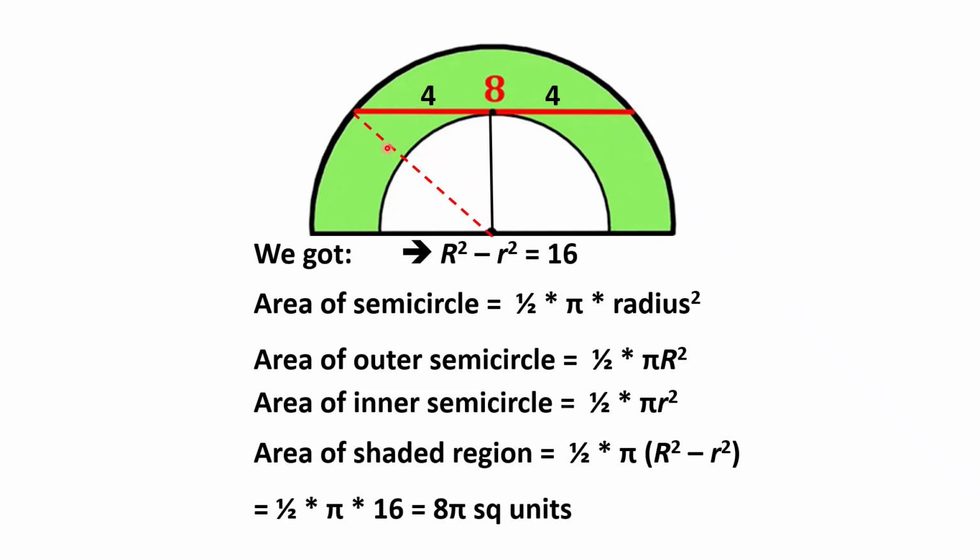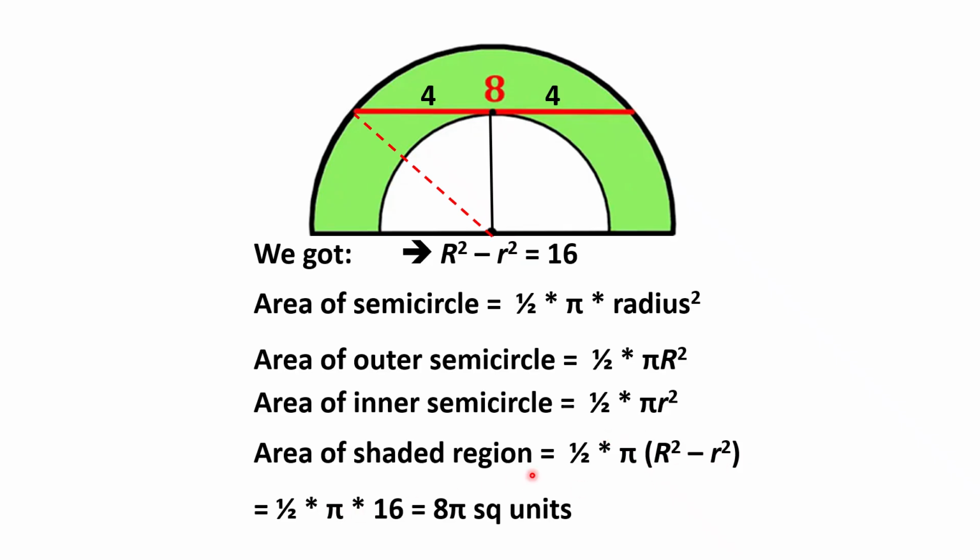To get the area of the shaded region, you subtract the area of the inner semicircle from the area of the outer semicircle. So you get half into pi capital R square minus half into pi small r square. You factor out half into pi, and you get capital R square minus small r square.